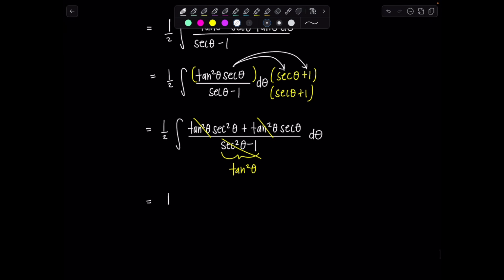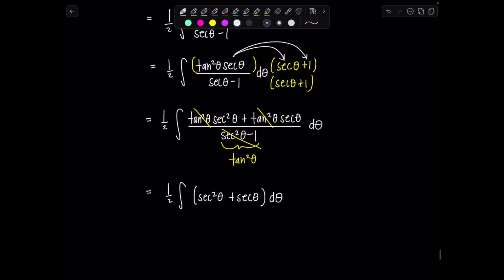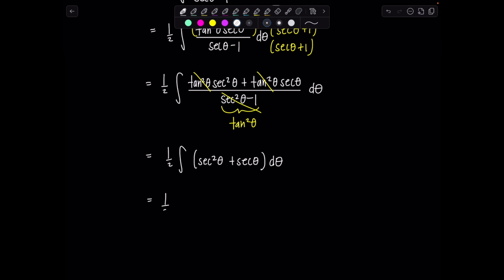Now we've got 1/2 integral secant squared theta plus secant theta d theta. Oh, we can integrate each of these, no big deal. 1/2, that'll be tangent theta plus natural log absolute value secant theta plus tangent theta, and then I'll say plus c.